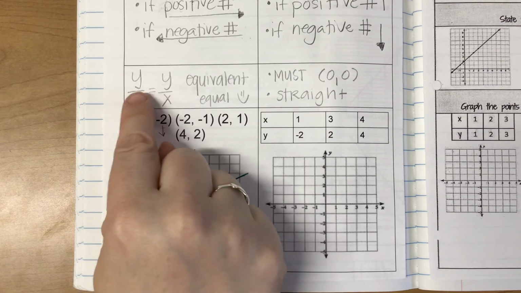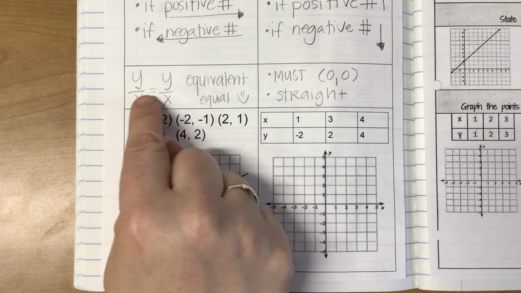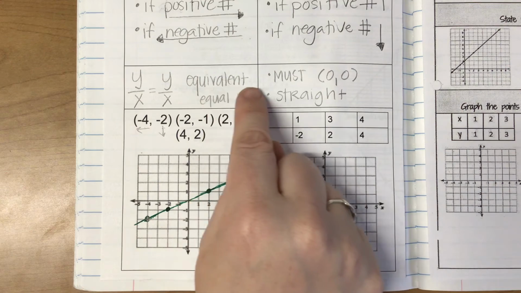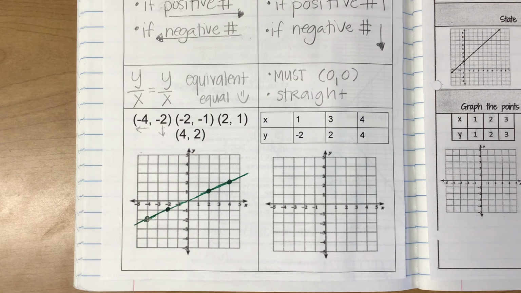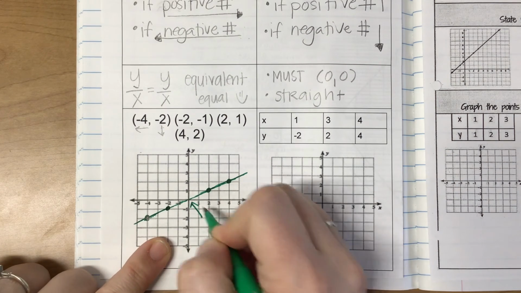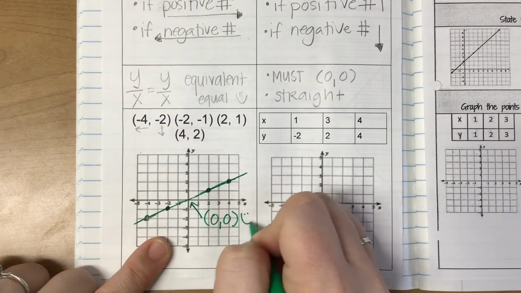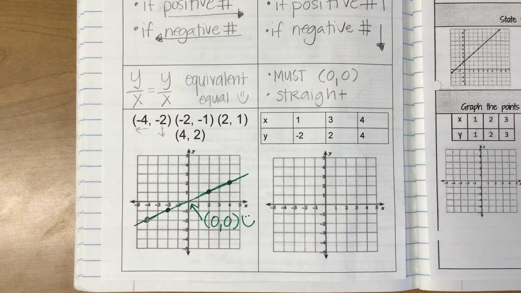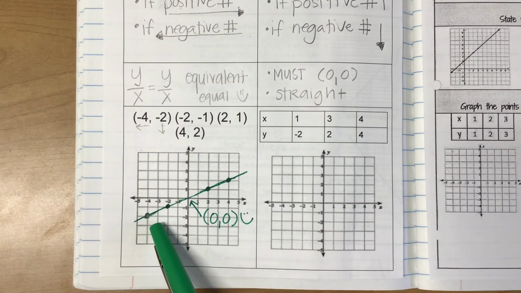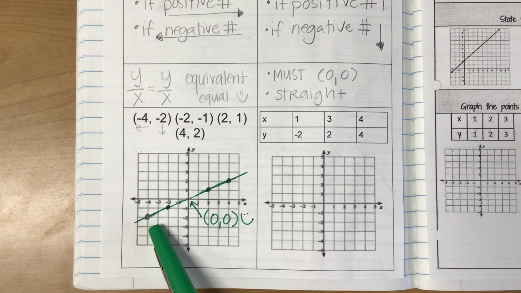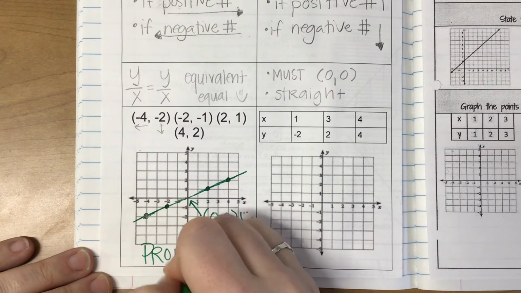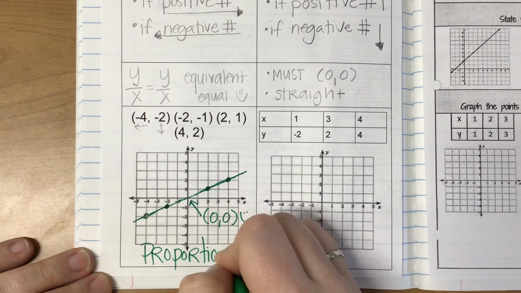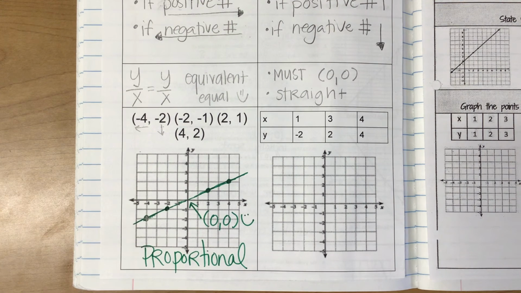Well, I don't have any ratios, so I can skip that. It must go through 0, 0. Does it go through 0, 0? Right there, that's 0, 0, it works. What else must it be? Straight. Is this straight enough? Yeah. This is proportional.